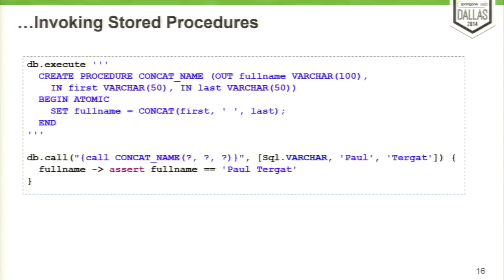Something can come in and out. And when we're going to call this stored procedure, it's not returning any value, but it's going to produce a result set. And so we don't need the question mark bit here, but here's the three parameters, the out and the in-out ones. For the in ones, we just feed them in, like we've seen before. So there's the two in ones that we're feeding in.